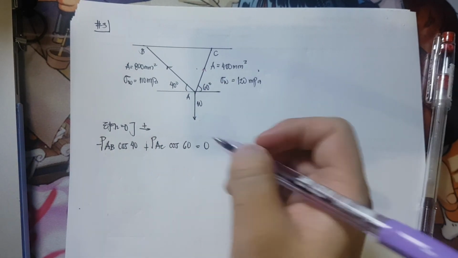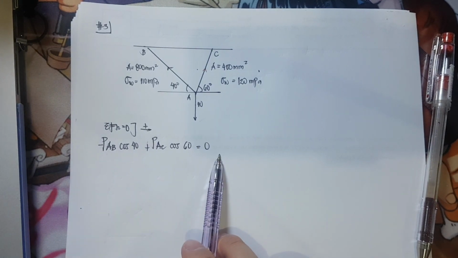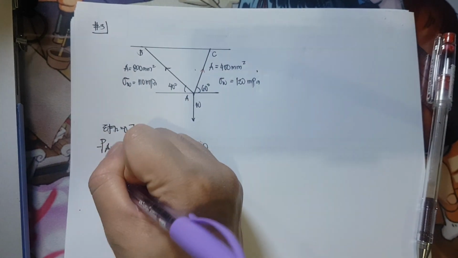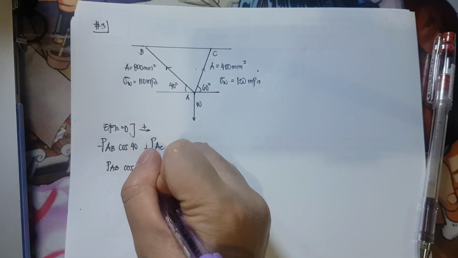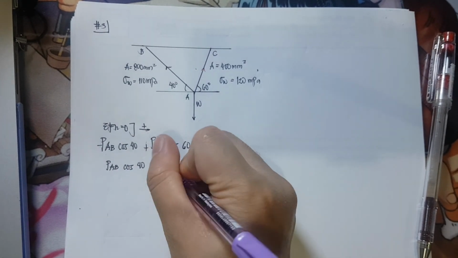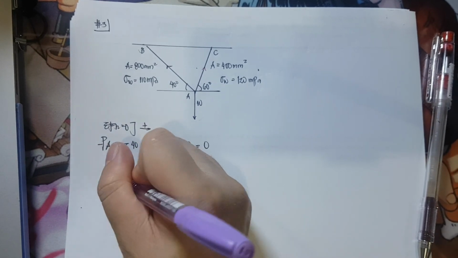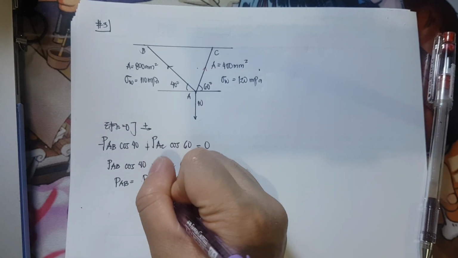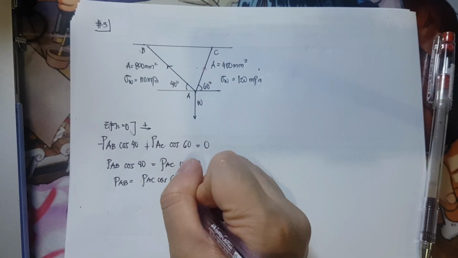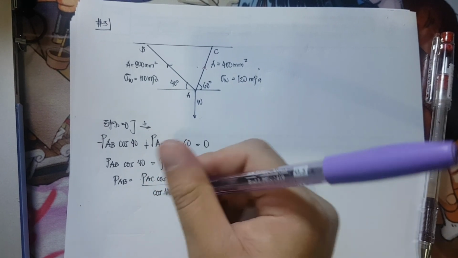Let's simplify. We transpose this to the other side of the equation to make it positive. So, we have PAB cosine 40 is equivalent to PAC cosine 60. Cross multiply, PAB is equivalent to PAC cosine 60 divided by cosine 40.